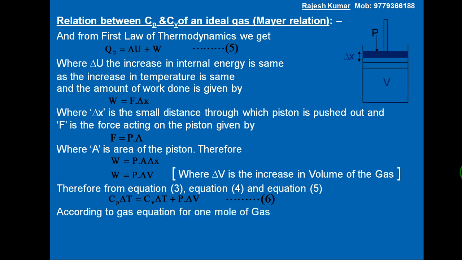According to the gas equation, for 1 mole of gas, PV is equal to RT. R is the gas constant. At constant pressure, we get P into delta V is equal to R into delta T, as R is constant and P is also constant.